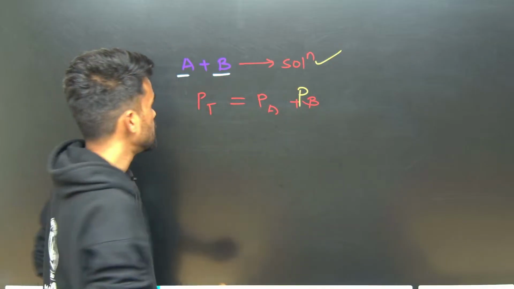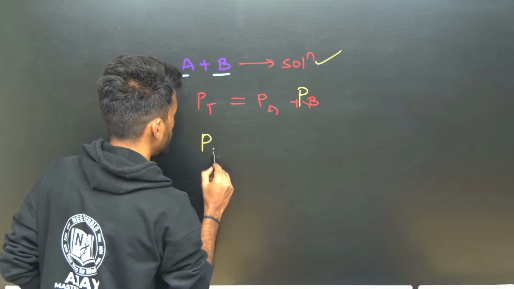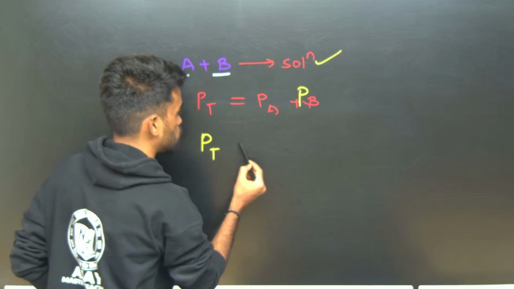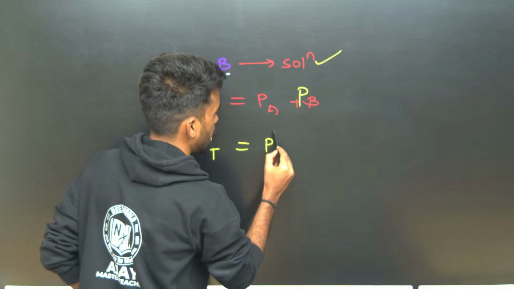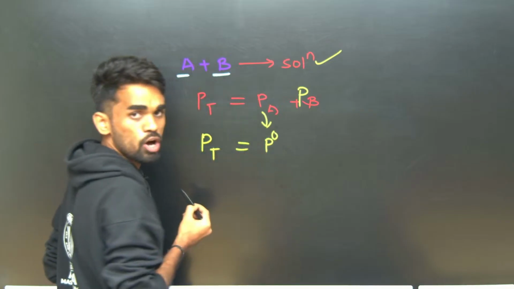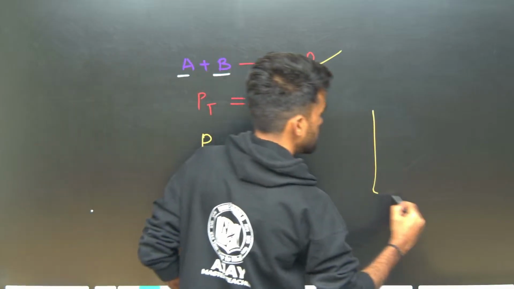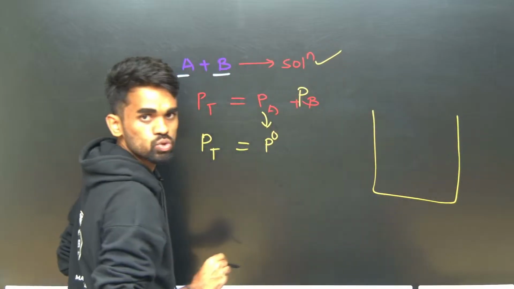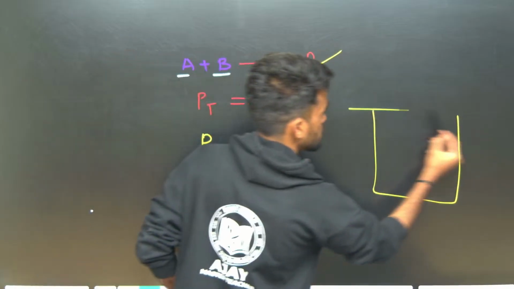Then we consider the total vapor pressure of the solution, which I can write as the vapor pressure of component A in the solution. Let us say this is a beaker containing these two components, so this is a solution.